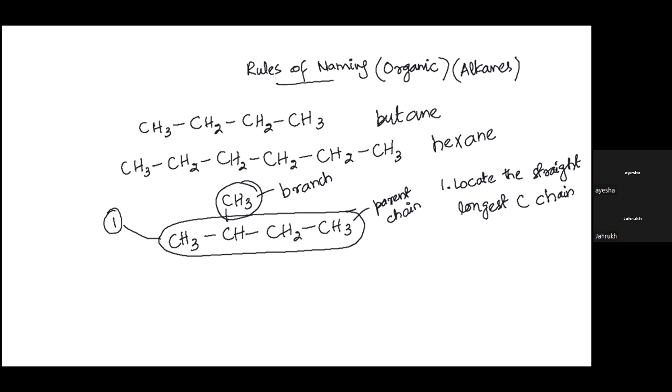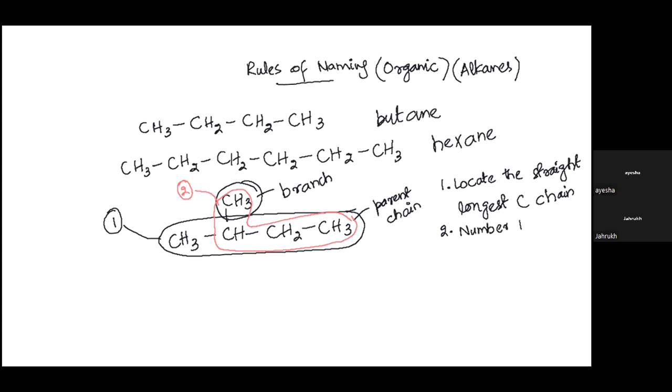There can be another way by which we go. This can be a straight longest carbon chain, and this also has 4 carbons, right? Whether we pick this one or we pick this one, we can work with both the ways, and you get to see that the second point actually helps us with it.